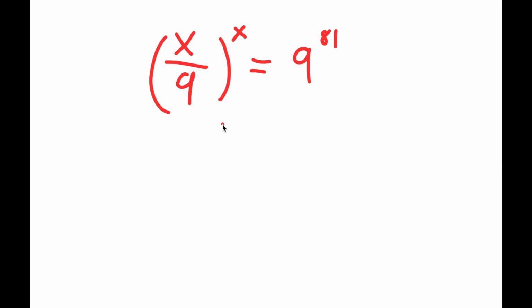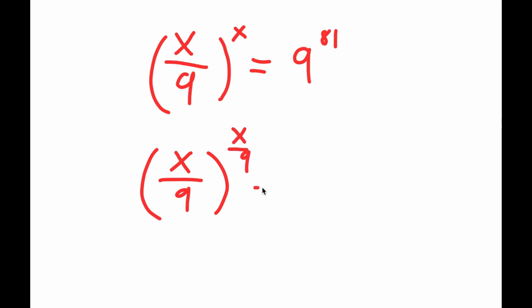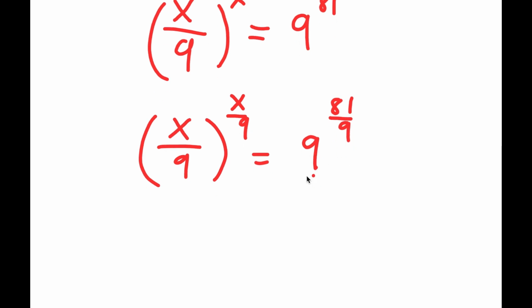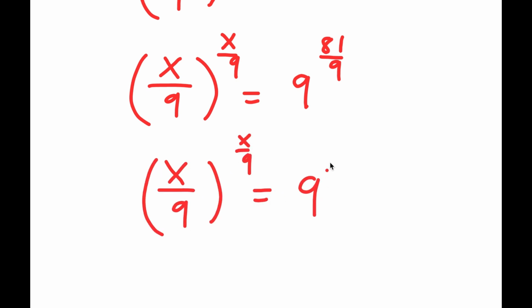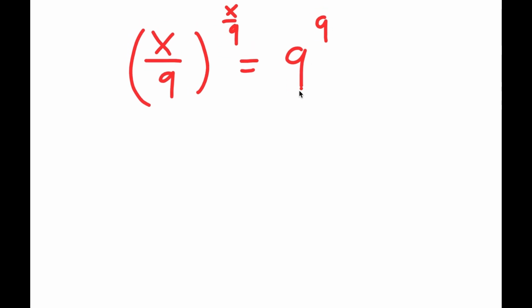Now, I'm going to take the power of 1 over 9 on both sides. So I have x over 9 to the power of x over 9 is equal to 9 to the power of 81 over 9. And 81 divided by 9, that's going to equal 9. So I have x over 9 to the power of x over 9 is equal to 9 to the power of 9.